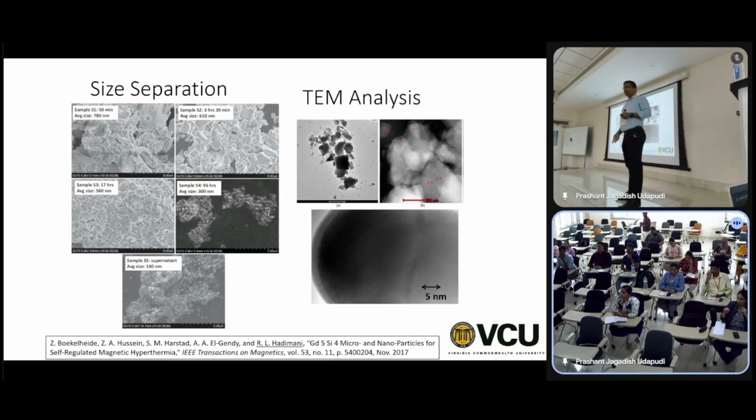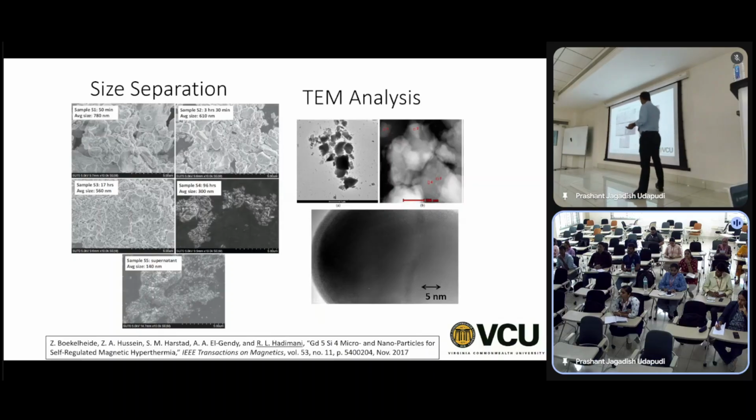So we quickly remove the liquid and take the residue, that is bigger particles. And we sonicate again, and now we keep it on the magnet for, instead of 1 minute, 5 minutes. Then we get the next. So this is a simple size separation technique.